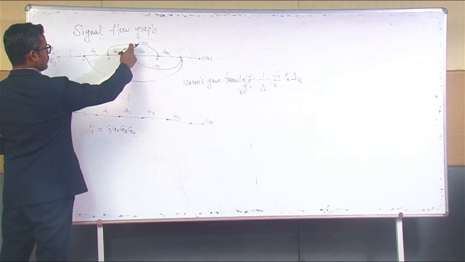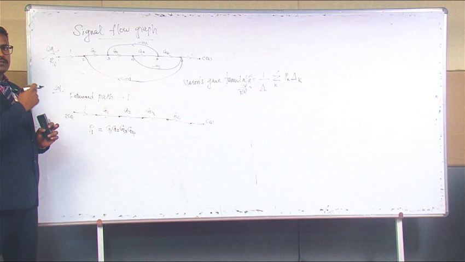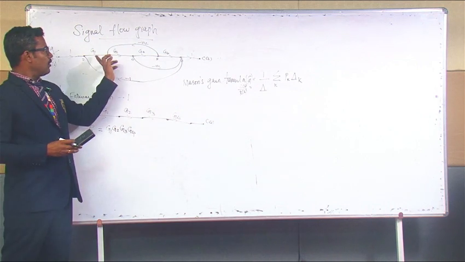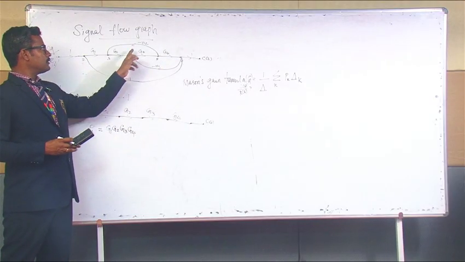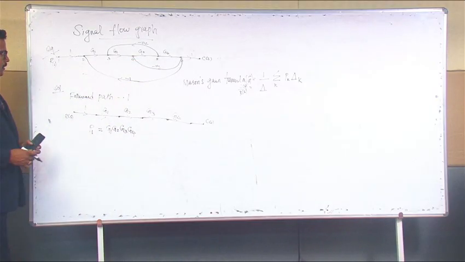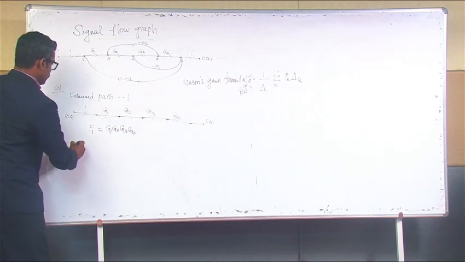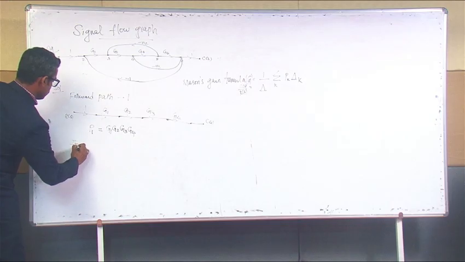Here, arrow marks 1, 2 and 3 are getting back to the input direction. All the other arrow marks go from input to output, but these arrow marks go from the output to the input, so that is called feedback. So we need the number of individual loops.